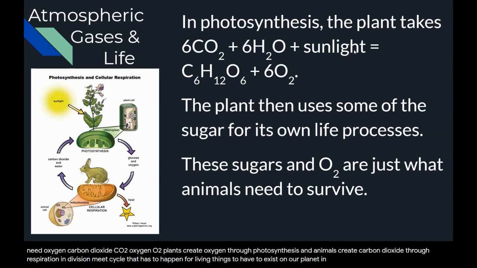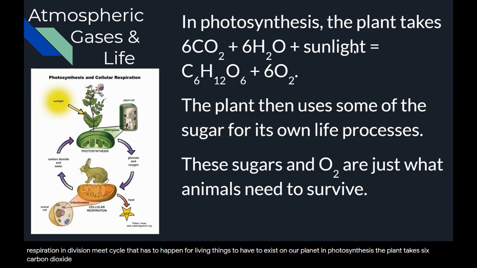In photosynthesis, the plant takes 6 carbon dioxide molecules from the air around it. It takes in 6 molecules of water, and it takes in sunlight. It then goes through photosynthesis and creates C6H12O6, that's sugar, and oxygen.